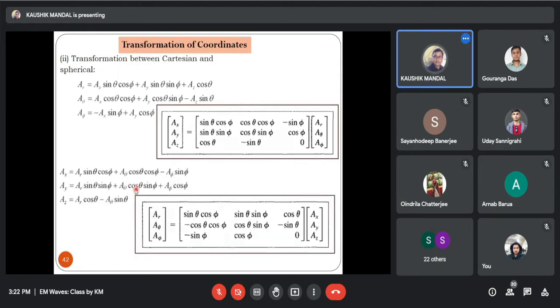This is the inverse. In this equation, AX, AY and AZ, the Cartesian parameters, are written in terms of AR, A theta and A phi, the spherical coordinate parameters. That is the reverse one.